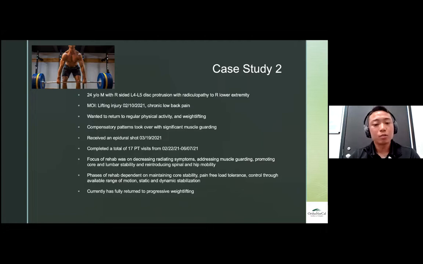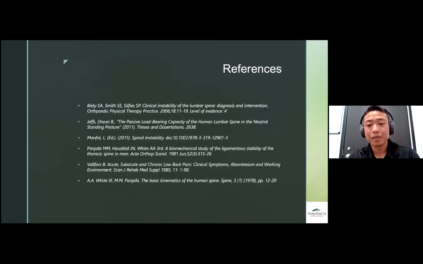And so he had good range, able to maintain his stability, both static and dynamic. So that means lifting something or having load, not just without moving, but also moving around. He currently is regularly weightlifting again, and he's back to tolerating deadlifting and squatting.